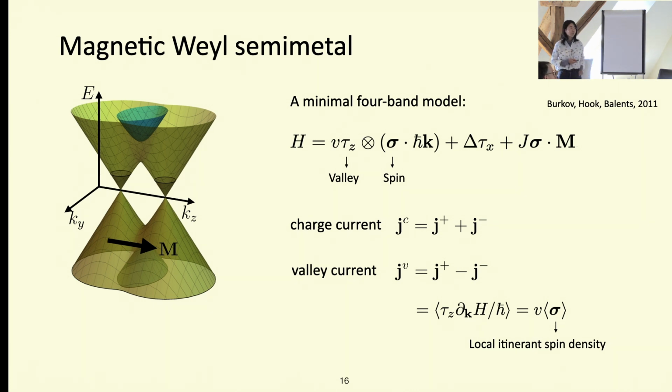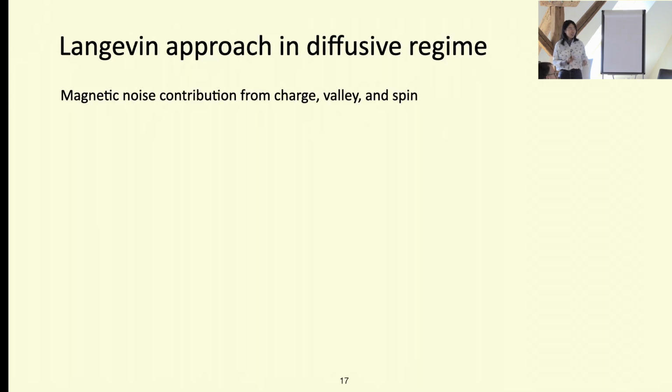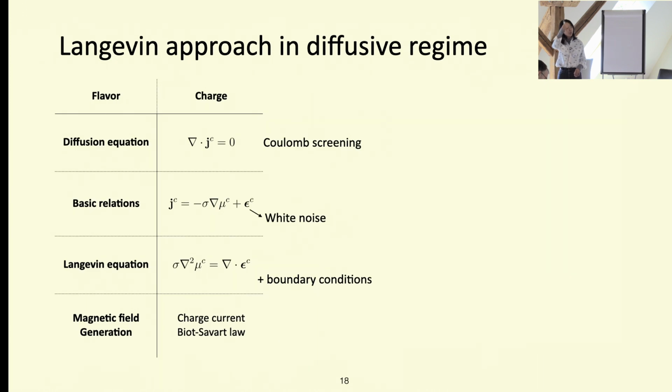So this is why we have three flavors of magnetic noise from this magnetic Weyl system. And here we treat these three flavors with a very simple but consistent method for their comparison. And it's this Langevin method. So I will explain to you how it works with an example of charge first.